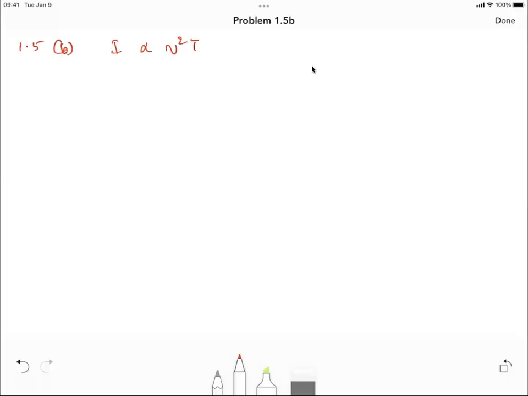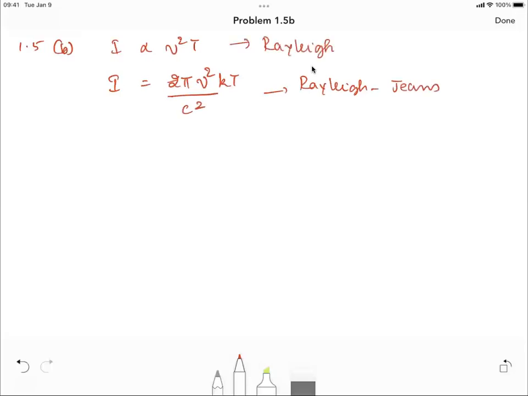In 1905, Jeans pointed out an error in Rayleigh's derivation of the proportionality constant and corrected the Rayleigh formula to 2 pi nu square kt by c square. So this is the formula.